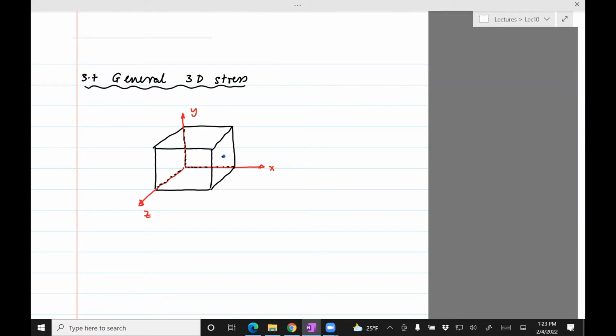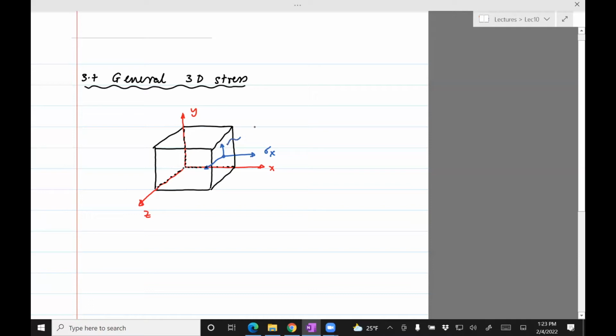So this face is the face along the YZ plane. And so that will have a normal stress and a shear stress, one which is in the Y direction, pointing up, and one which is pointing in the Z direction. This is sigma x because it points in the X direction and it is normal to the face.